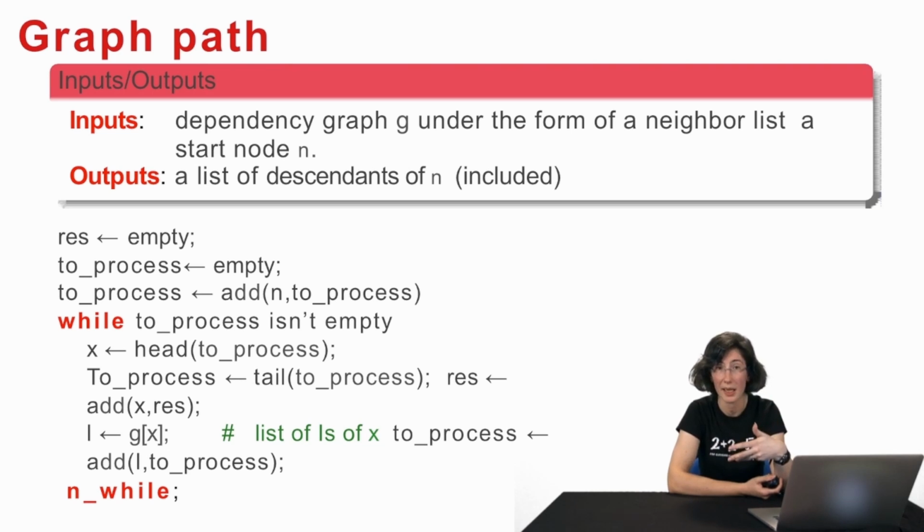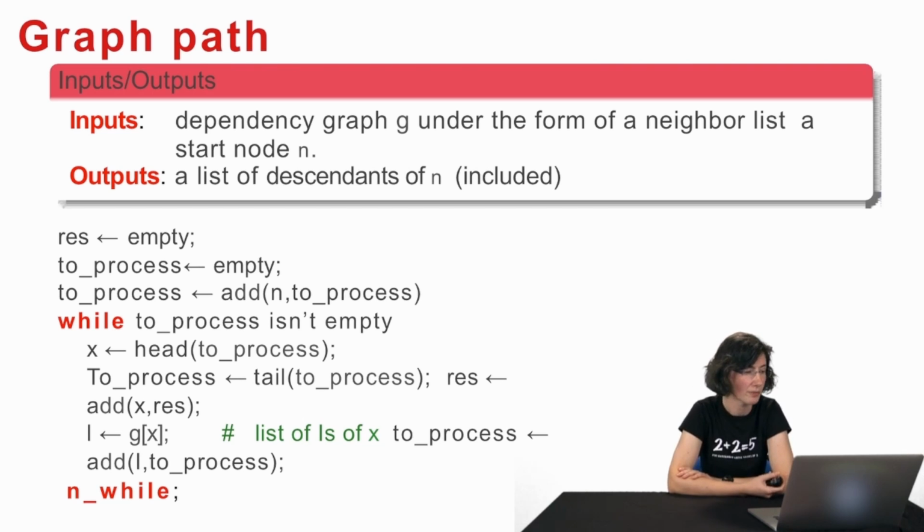You have several variables. The first variable is res, which will be the result, initialized as empty. To_process is a temporary variable. It's all I have to process. I initialize it as empty, then I add n in it since n is the initialization. What do I have to process? I need to process n for now.